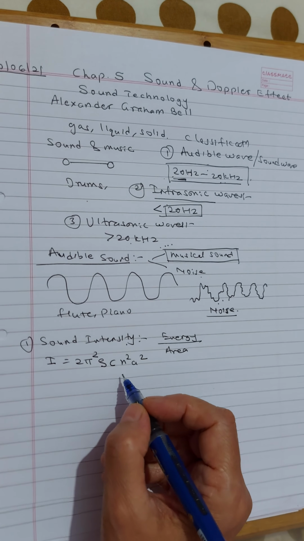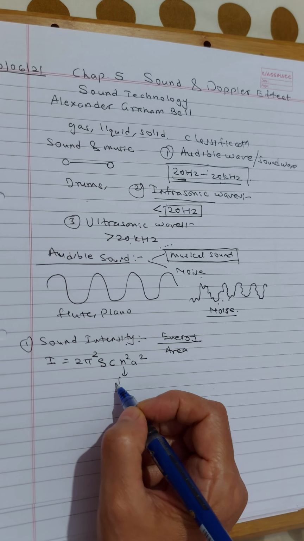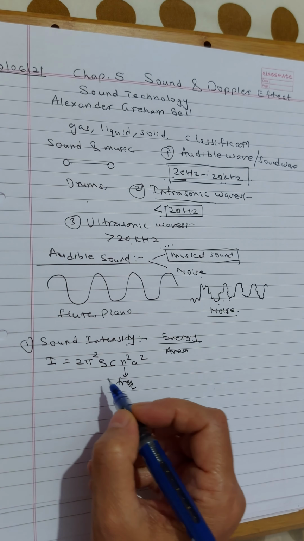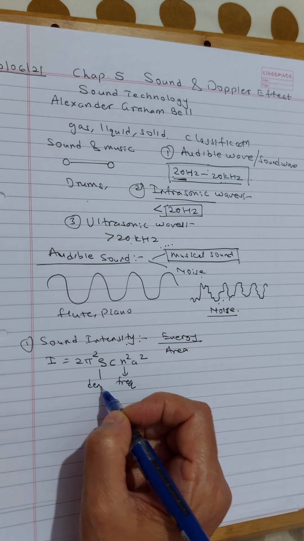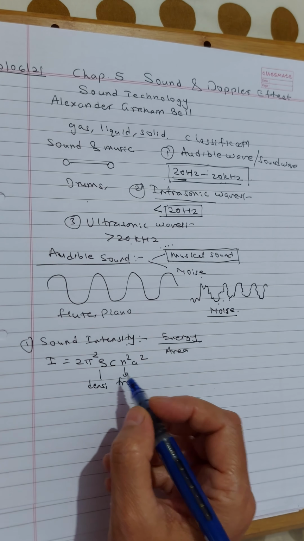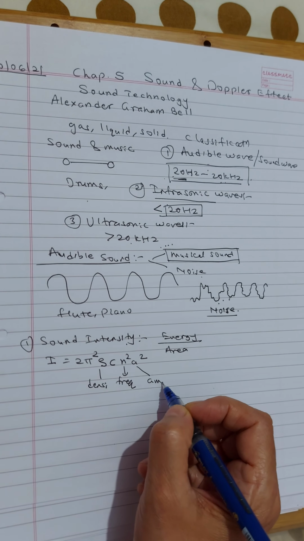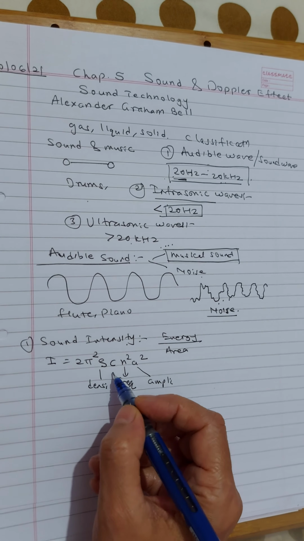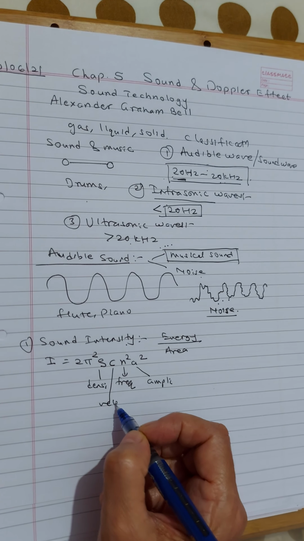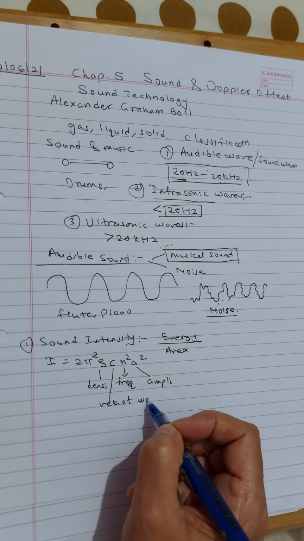Now what is n here? n is the frequency. What is ρ? ρ is the density. What is a? a is the amplitude. And what is c? c is the velocity of the wave.